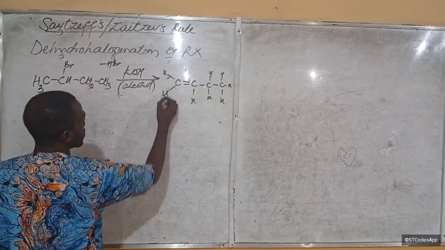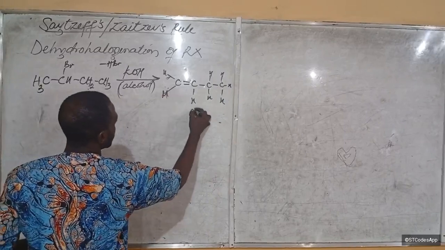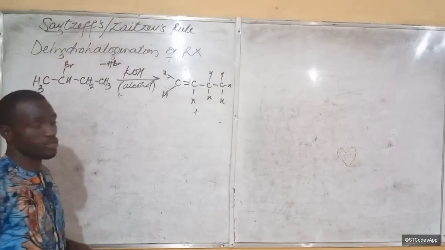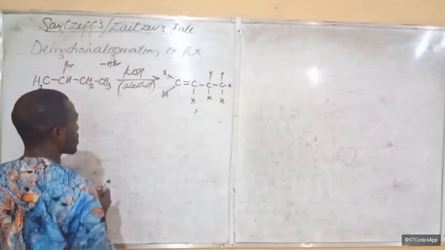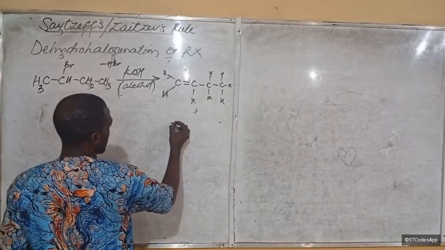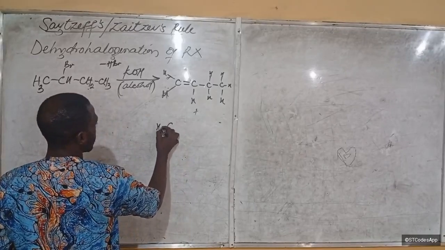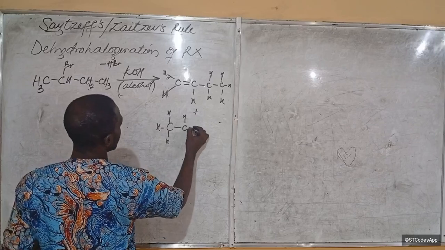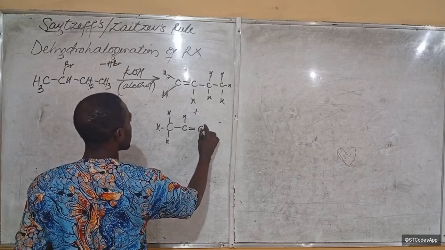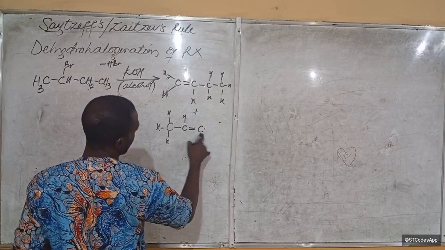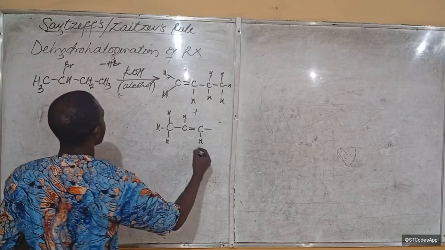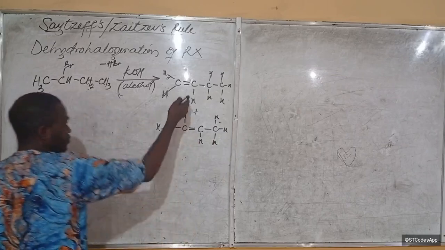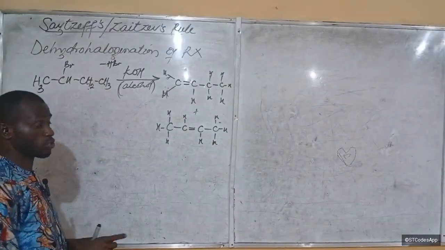Or we have another product, this. It is going to be a mixture of products, but we are trying to determine which one will be the major product, the one formed in more than 80% of the cases. So we have CH3 bonded to CH, which is now double bonded to CH again. The conformation for this one does not really matter because there is no steric hindrance. You can put CH there, but I decided to just put it this way.